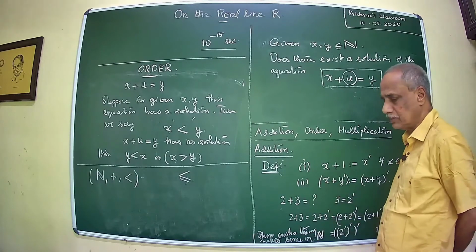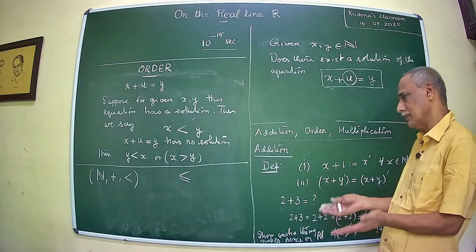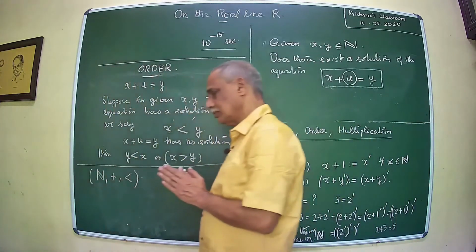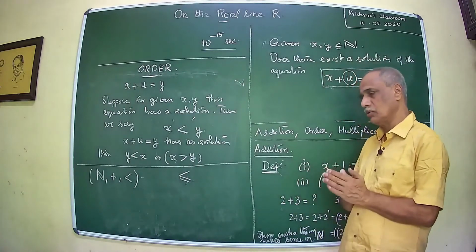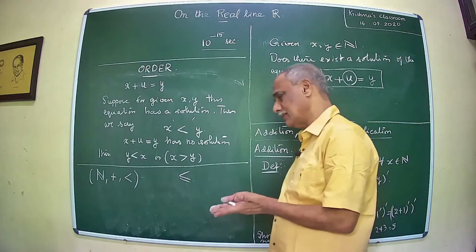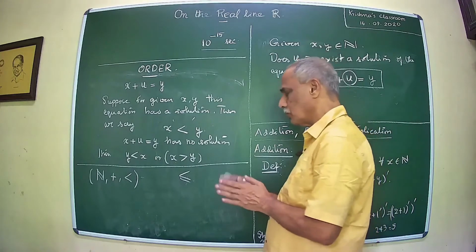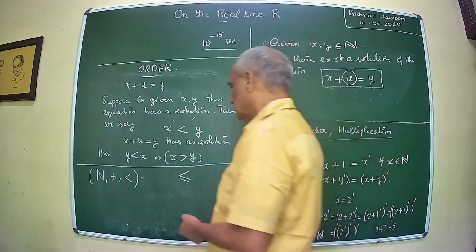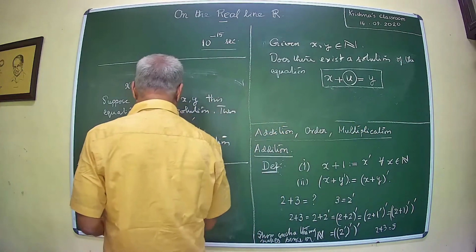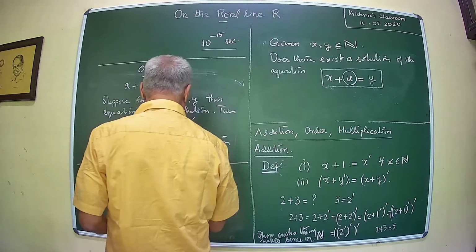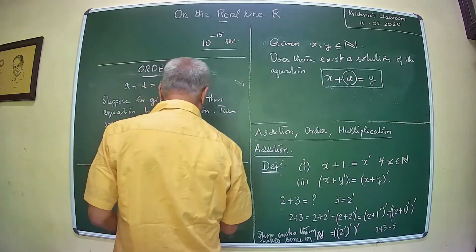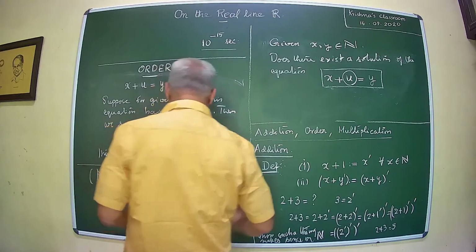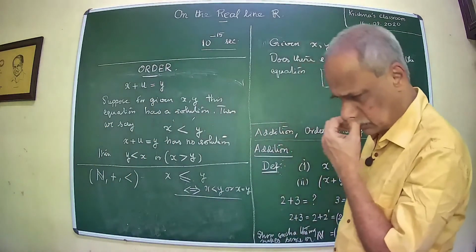One of the two possibilities is there. You fuse them together and call it less than or equal to. Okay. For instance, 5 is equal to 5, 5 is less than 6. So only one of the things is valid. So x less than or equal to y if and only if x less than y or x equal to y. This is also what we use.